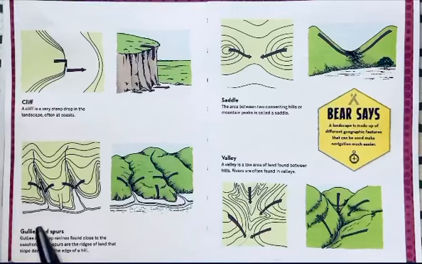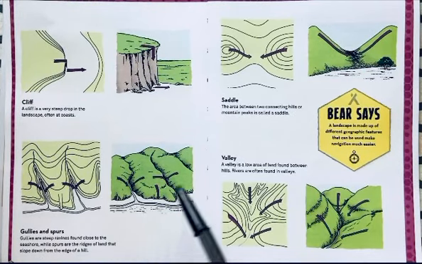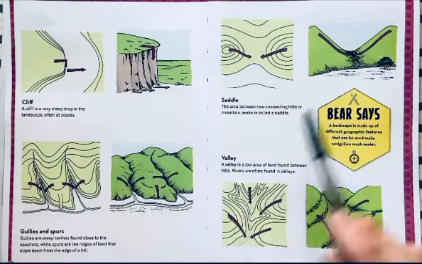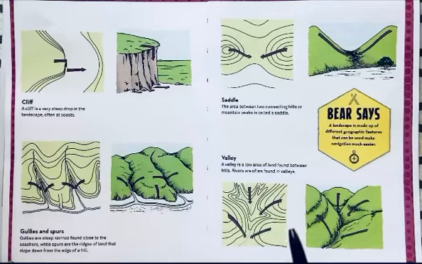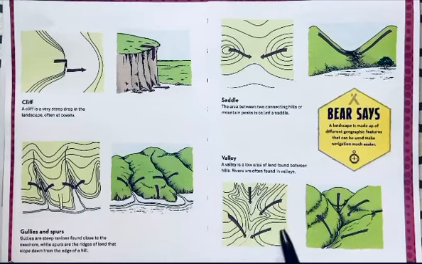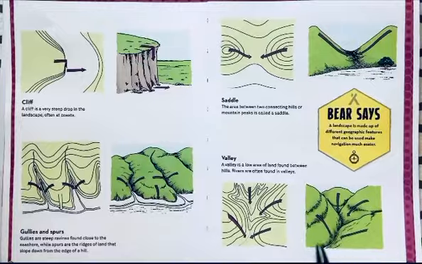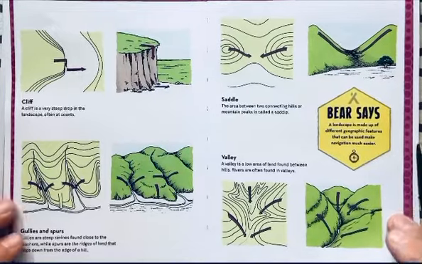Of course, you have gullies or spurs, but those are all just versions of saddles. We have valleys. In a valley, you can see the contour lines all converging to where a river would be. Let's turn the page.